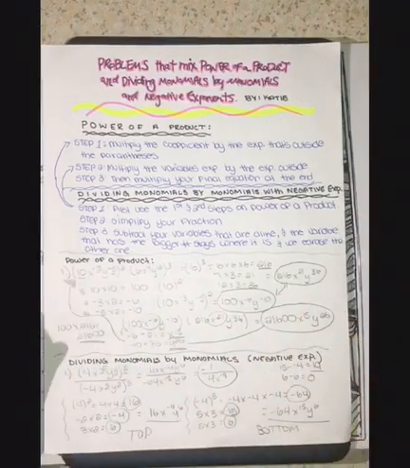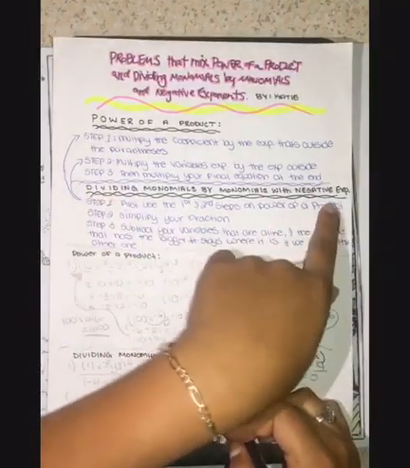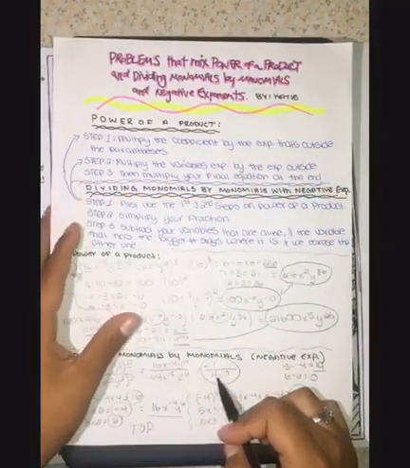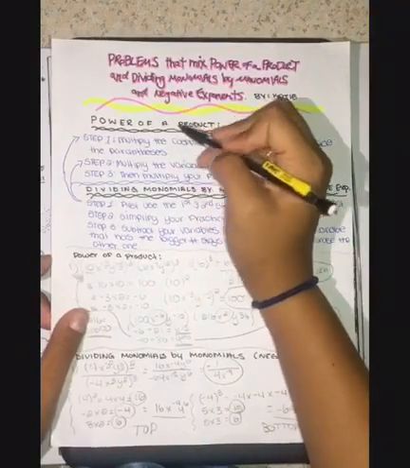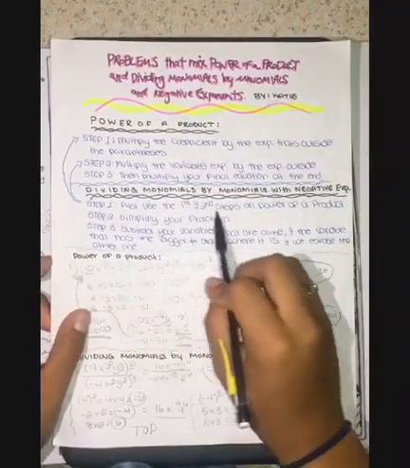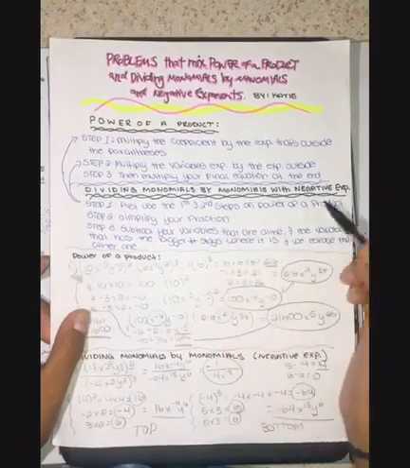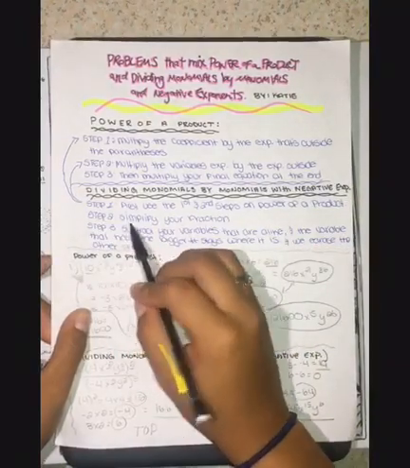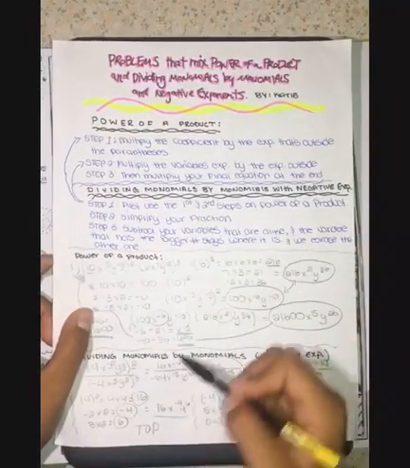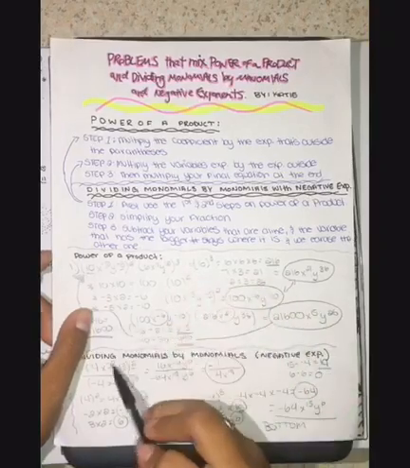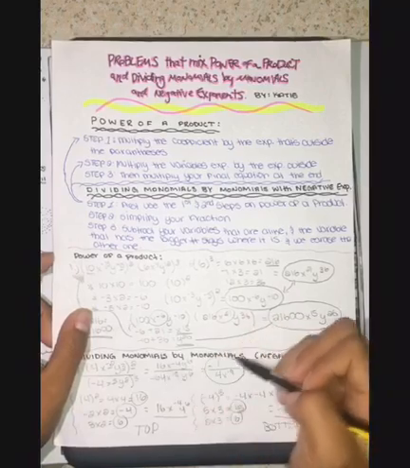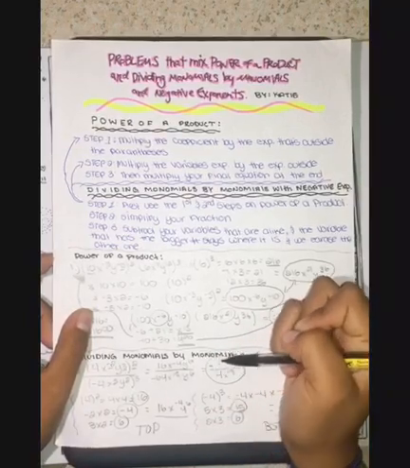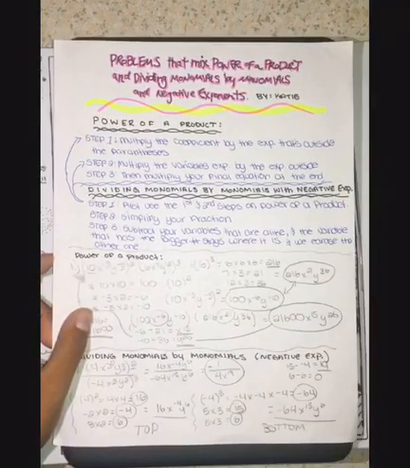Now for dividing monomials by monomials with negative exponents, we use the first and second steps of power of a product. The next step is to simplify our fraction, like we did here. When we simplified this, we got 16 over negative 64, and we divided that and got negative 1/4.